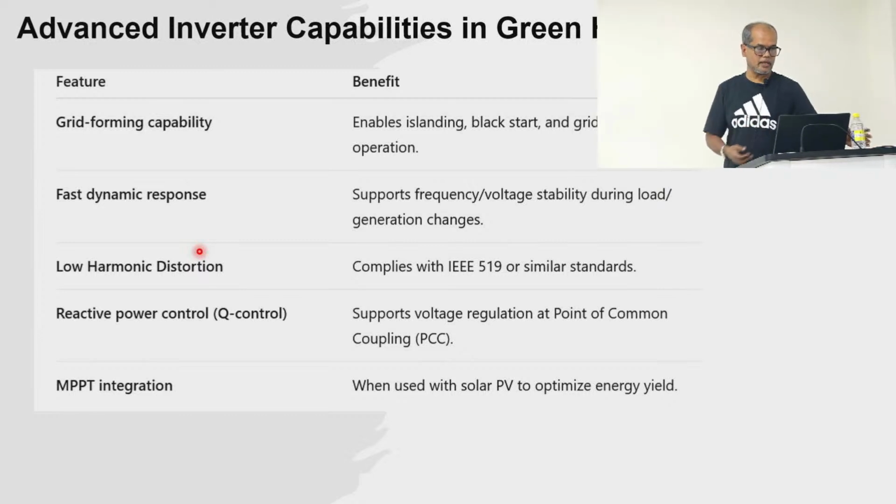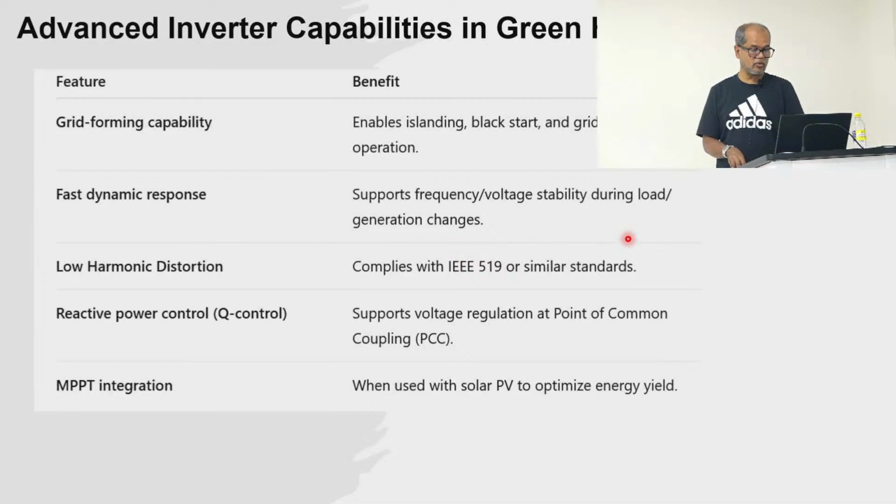Now again, whatever converter is used, we expect some features from it as well. Mainly, if you are thinking about an islanded application, we'll think that it has grid forming capability, but if it is connected with the grid, we might not need that feature from the inverter. We also expect a fast dynamic response if we want to provide ancillary service to the grid, providing voltage and frequency support.